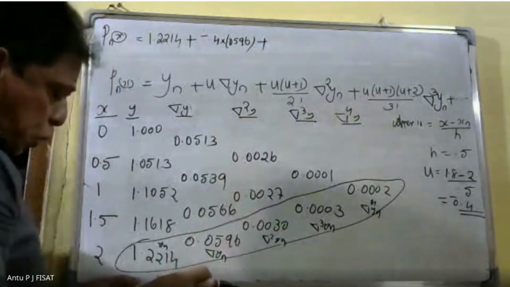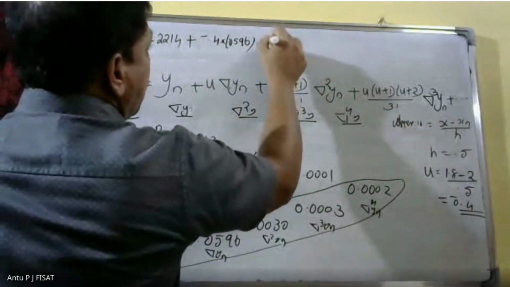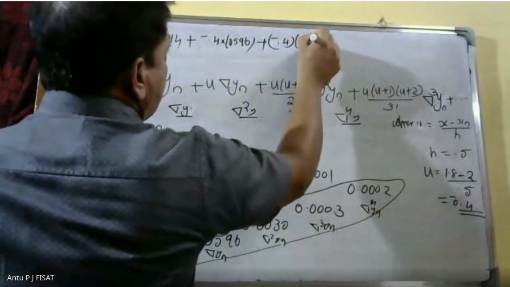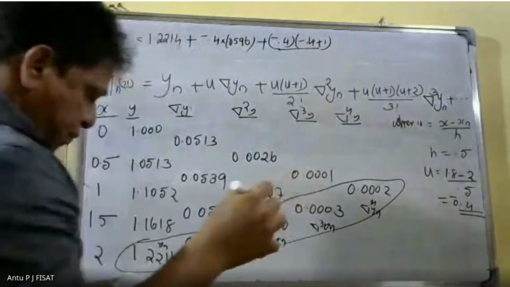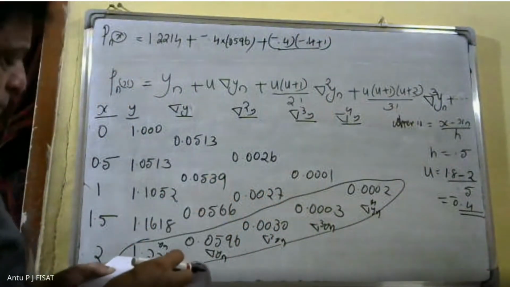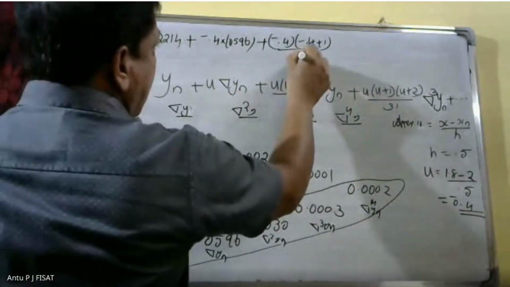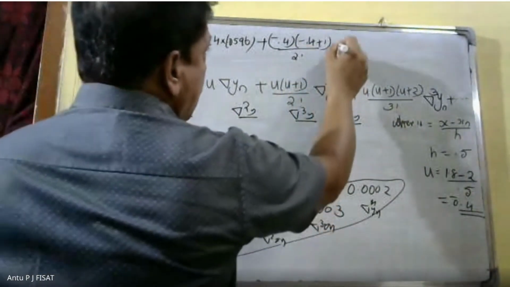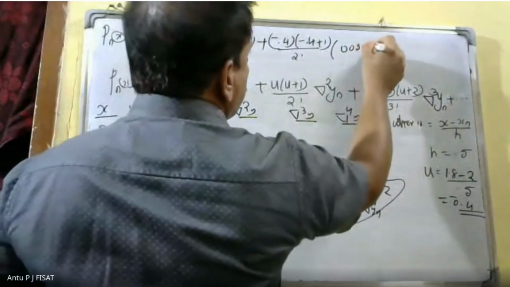Then plus u into u plus 1, that is minus 0.4 into minus 0.4 plus 1, divided by 2 factorial, into 0.0030.